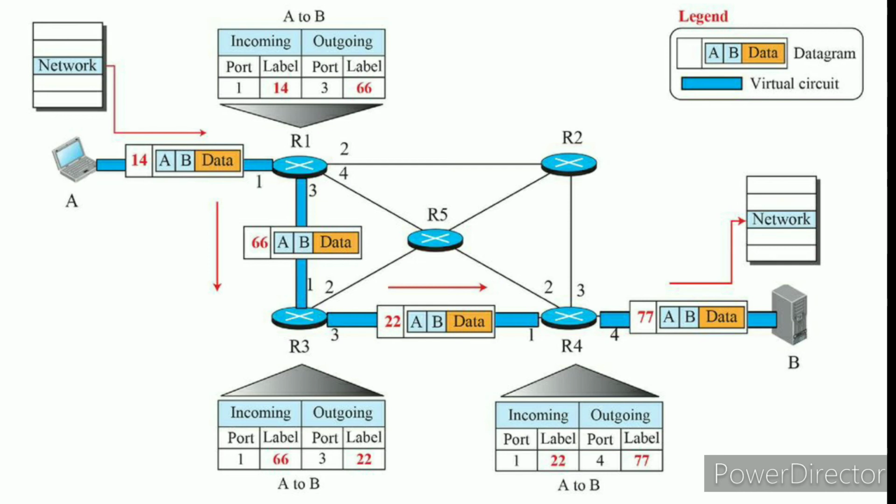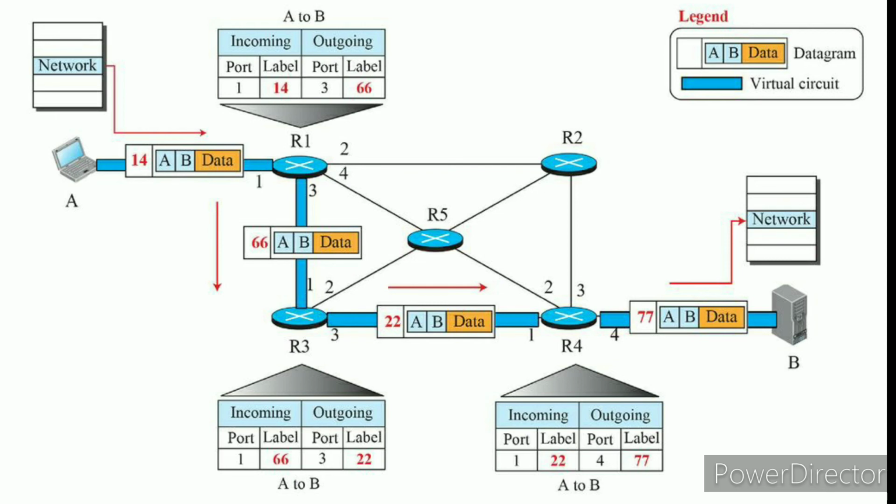The sender sends the packet into the router R1. R1 assigns the label called 14 for the incoming port, and you have the source address, destination address and data, and it will send that packet through port 3.